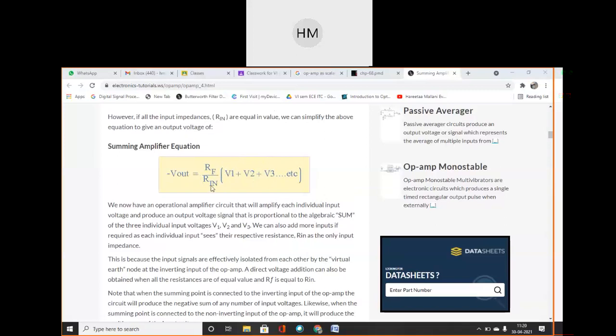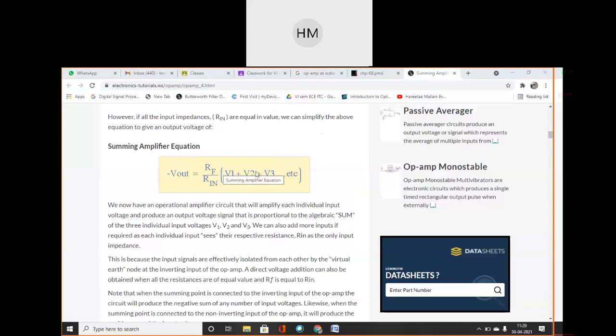It depends on the values of RF upon Rin. Is it clear, student? I will just discuss a few things, then I will shift to other. It will depend on the values of RF upon Rin.